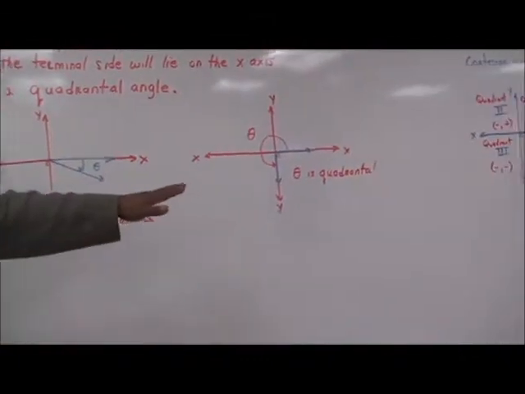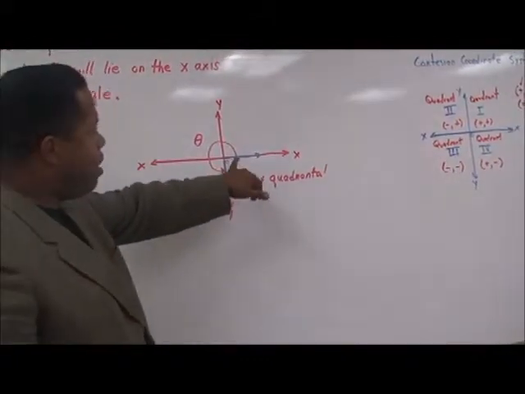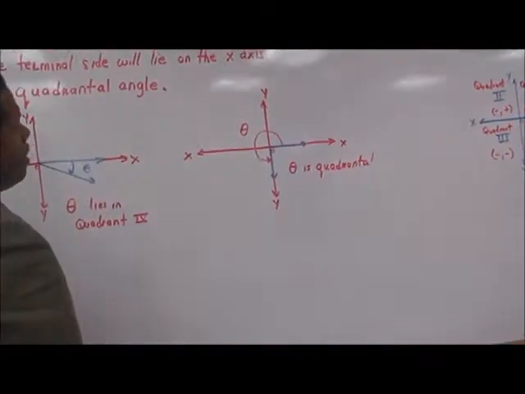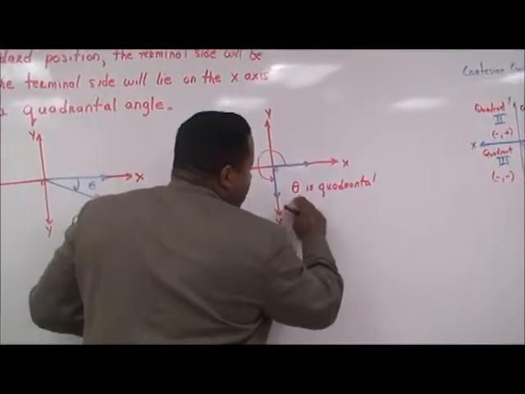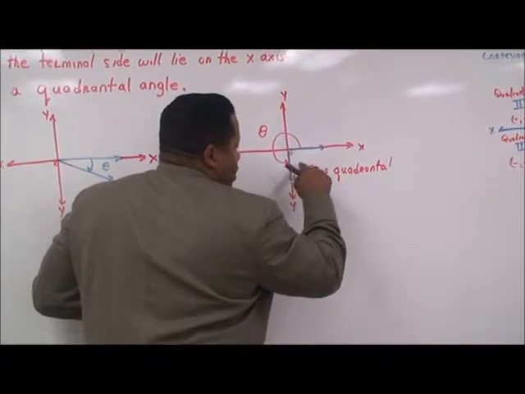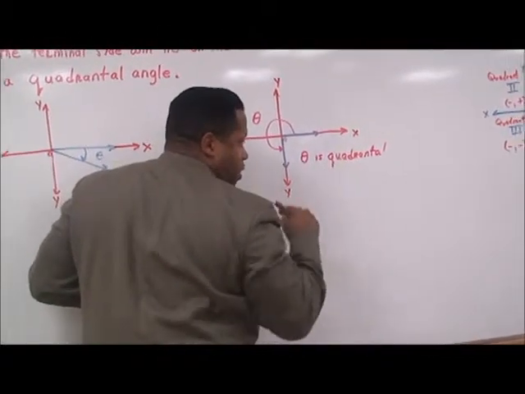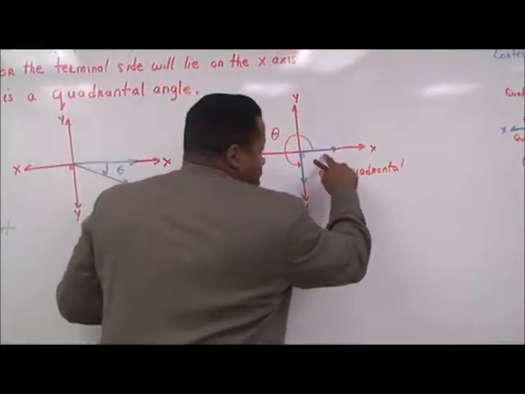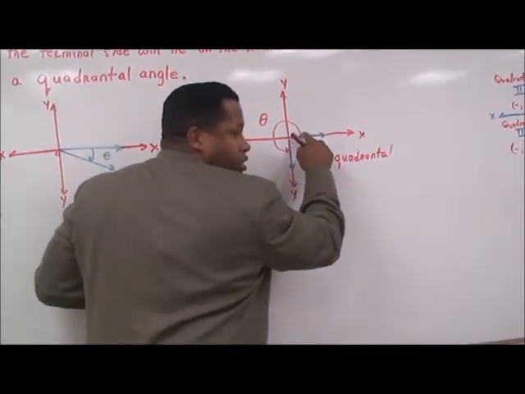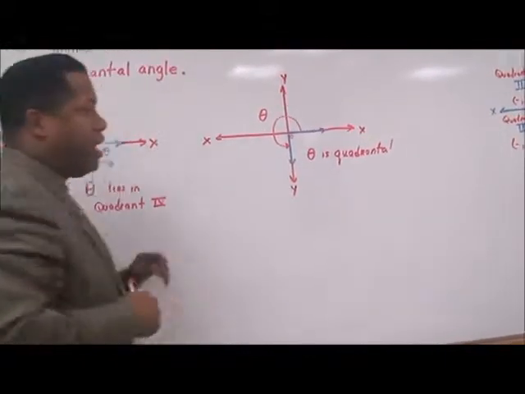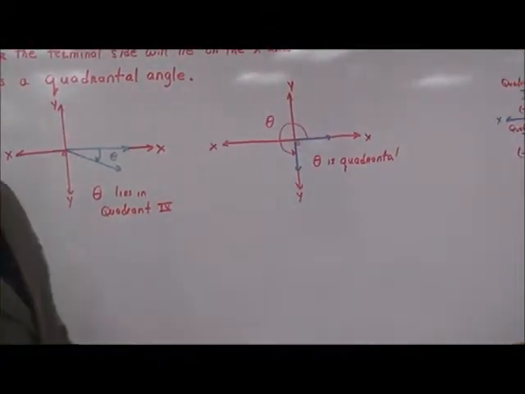As we look at this picture here, this is going in a counterclockwise motion, and this angle is lying on the y-axis. So this is considered quadrantal. Remember, this is the initial side, so you draw your line from the initial side to the terminal side, and theta is quadrantal in this case.